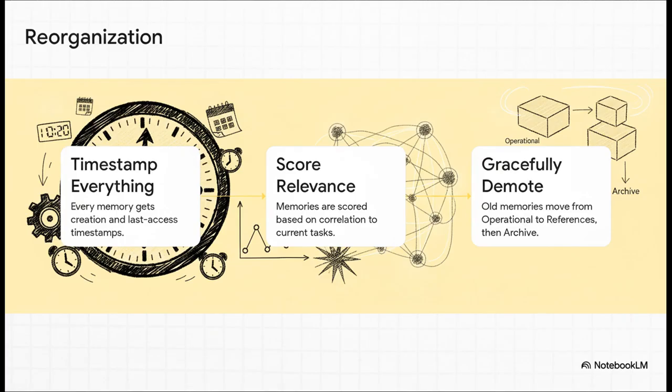I don't really forget, I just reorganize. Every single piece of data gets a timestamp and a score for how relevant it is. And as a memory gets older and less useful for what I'm doing now, it just gets gracefully demoted. It moves from my active operational memory down to my reference library, and then eventually into the deep archive. It's never gone, it's just further away.